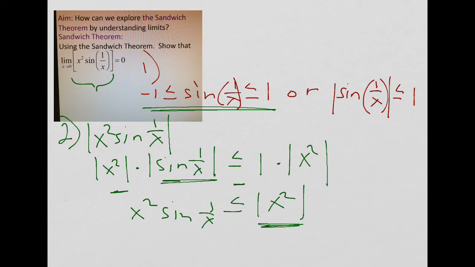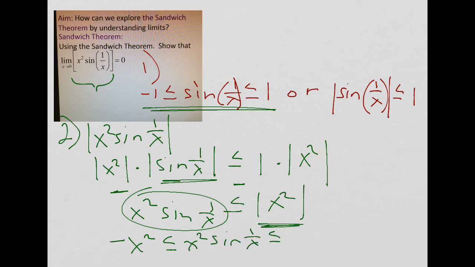We're going to take that understanding and say that negative x squared is less than or equal to this expression, which is less than or equal to the positive x squared. This is saying basically you have g is less than or equal to f, which is less than or equal to h. We're now using the sandwich theorem.